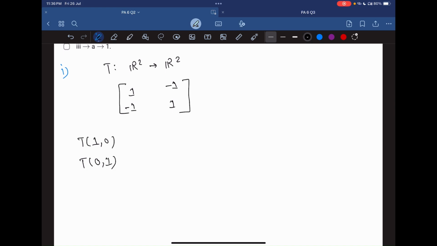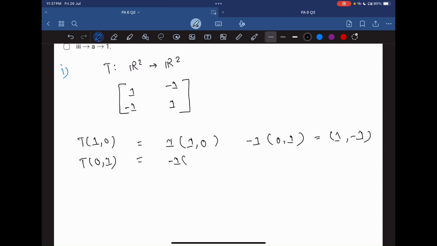So this is our basis for R2, and our image vector would be some linear combination of the columns of this matrix representation. So that would be 1 times, and here minus 1 times, and here would come the basis vector for the domain from which this matrix representation is given. And as this matrix representation is given with the standard ordered basis, here will come 1, 0 and 0, 1. So this would be 1, minus 1.